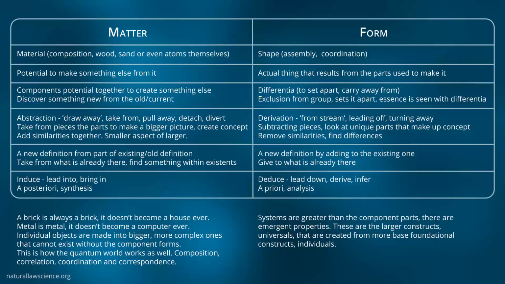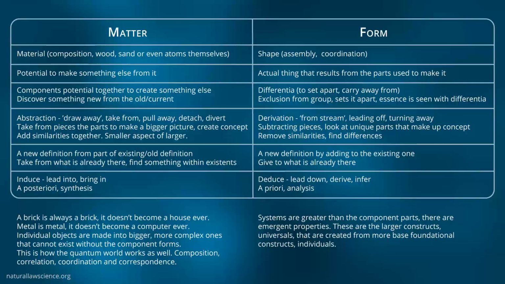We already have the general concept. We're going to add differences and more things in reality that we can derive from that universal definition of form. And this is deduction, leading down. You derive, infer, and if you look into the terms a priori or analysis, it's the same thing.